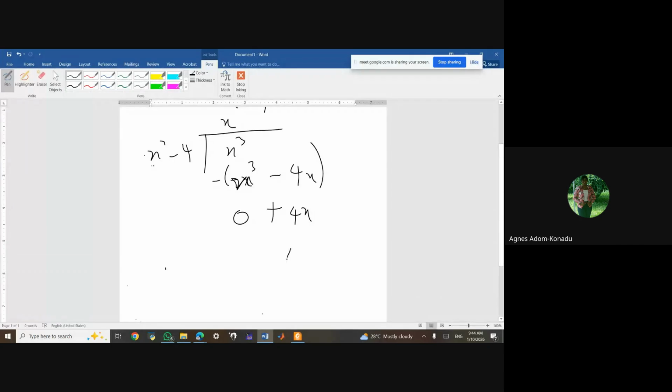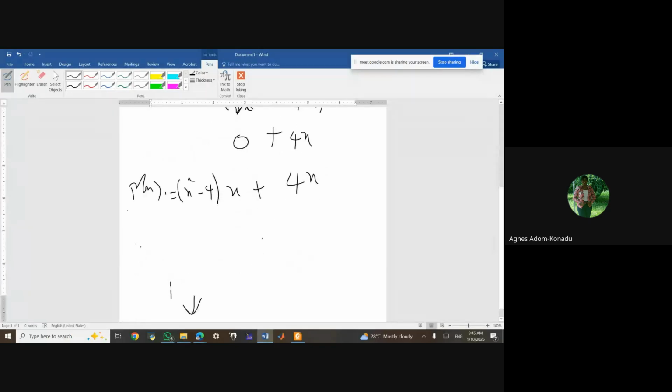So my remainder is 4x. So I can write the function f of x is equal to, the divisor is x squared minus 4. The quotient is x, then plus my remainder. Or I can write it as x plus 4x over x squared minus 4.